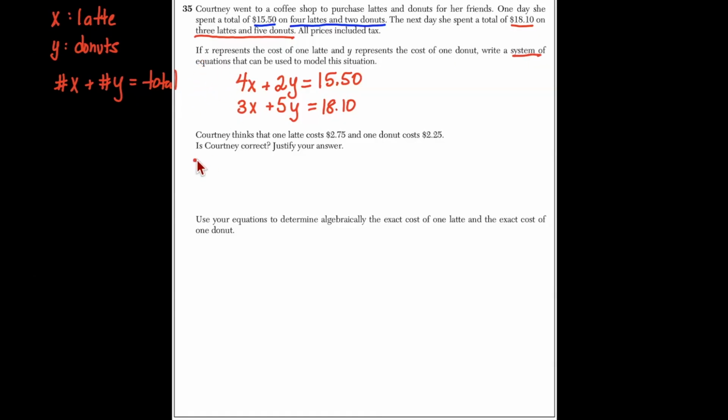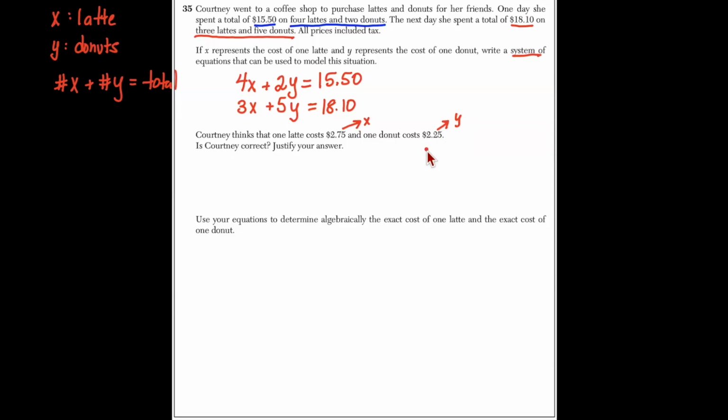Now, for this next question, it says Courtney thinks that one latte costs $2.75 and one donut costs $2.25. Is Courtney correct? Justify your answer. So Courtney is telling us what she thinks X is and what she thinks Y is.